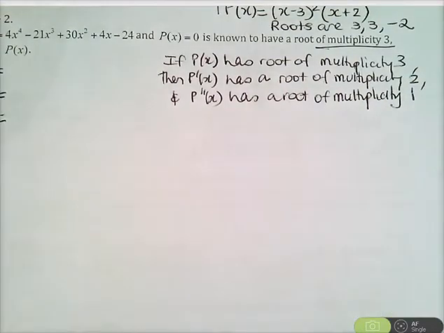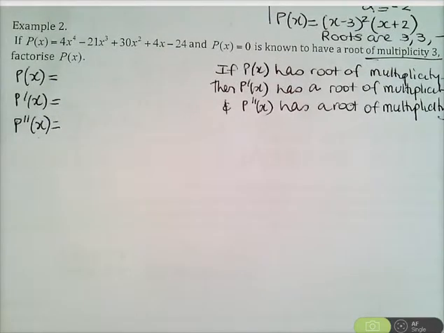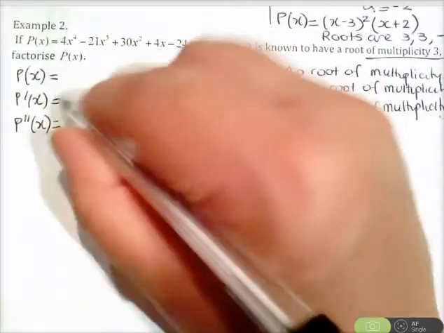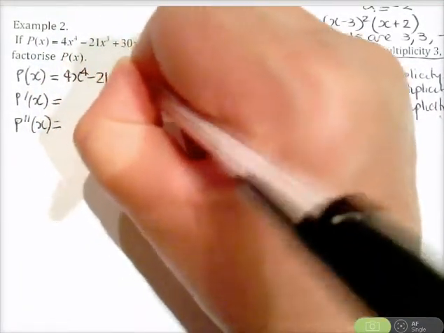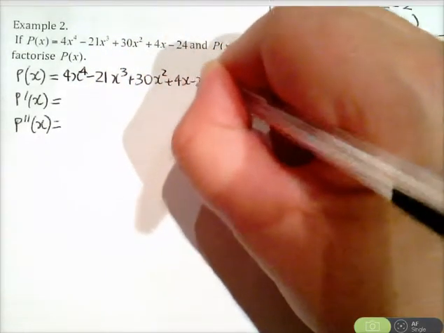So let's look at the original function. It's 4x to the 4 minus 21x cubed plus 30x squared plus 4x minus 24. So let's write out the original function. Then we will differentiate it twice, finding the first derivative and the second.